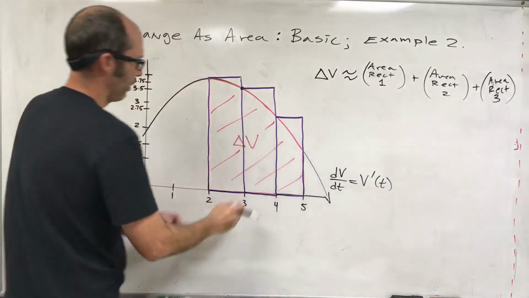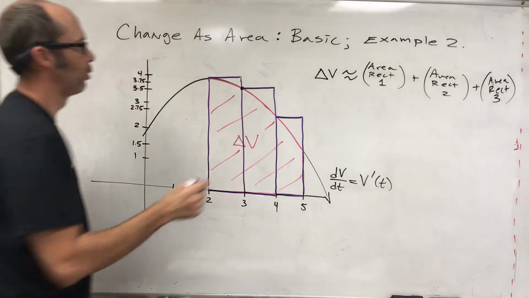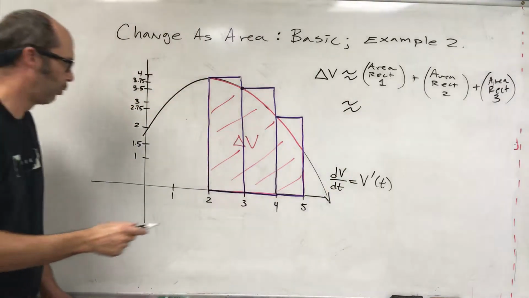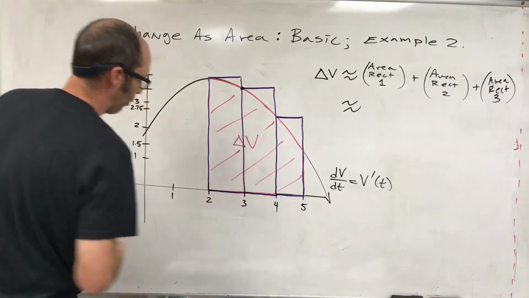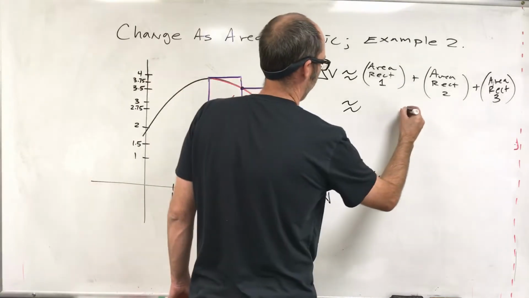Let's say this is rectangle 1, rectangle 2, rectangle 3. The area of rectangle 1: my width is 1, so length times width.